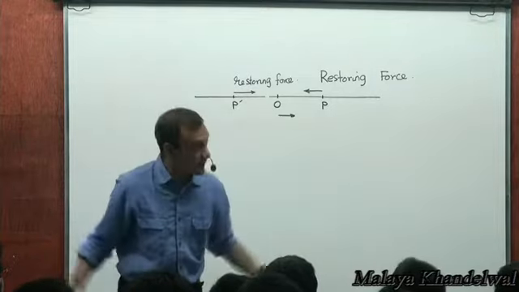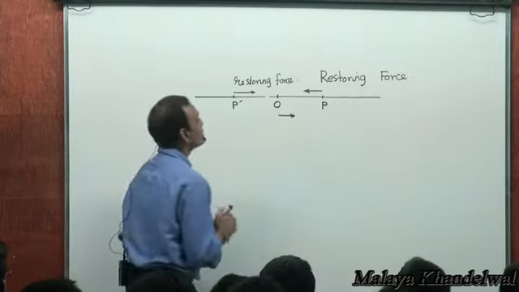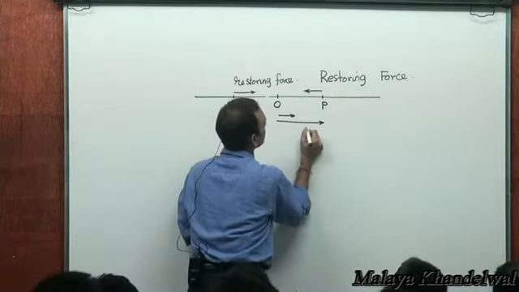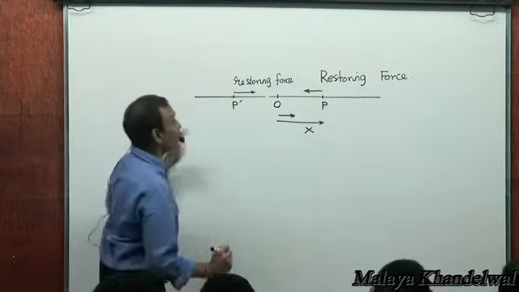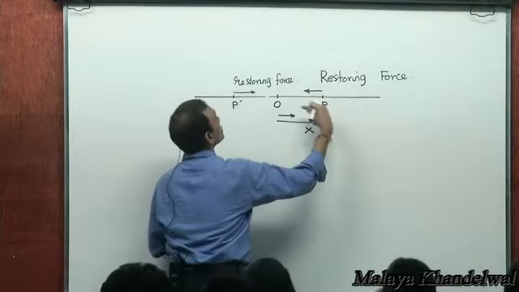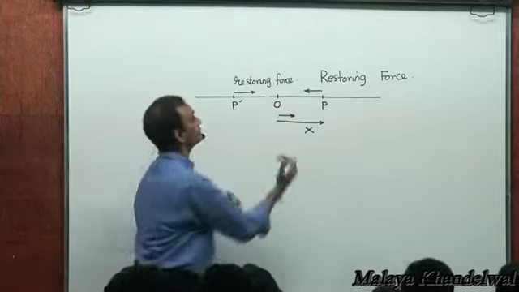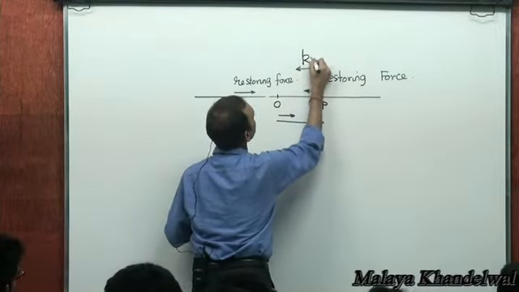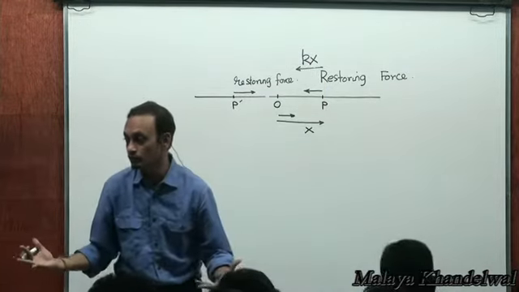Which means if you have displaced it by an amount x to the right, the force acting on the particle towards O, attempting to restore the position of the particle, would be kx in magnitude. The restoring force would be proportional to how far the particle is from O.